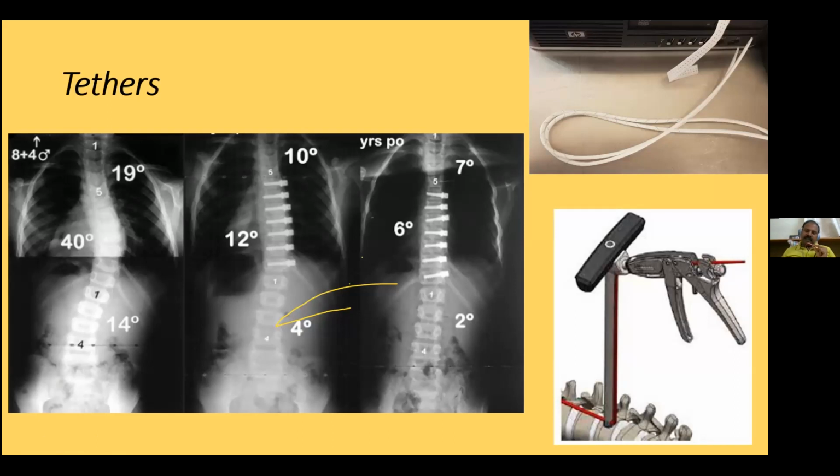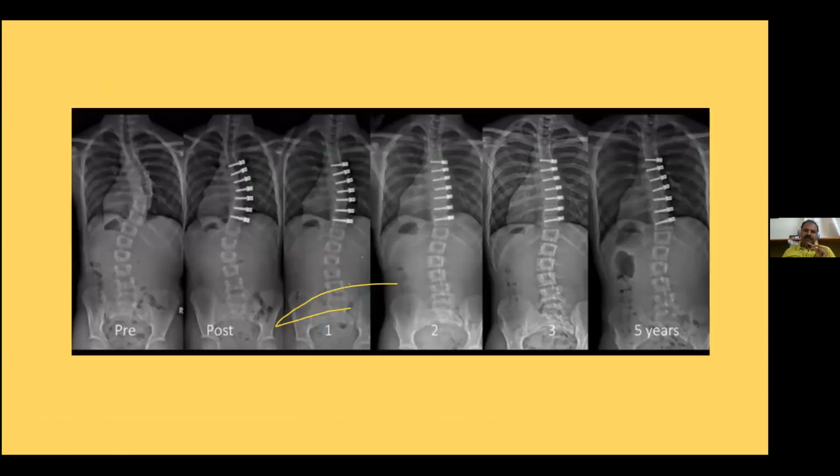I saw a couple of cases being done, but we don't have much follow-up. I do not know how this behaves, but the latest studies by Peter Newton and others have shown that it has to be used very judiciously, and they don't recommend it for kids below 9 or 10 years because there's too much growth potential.